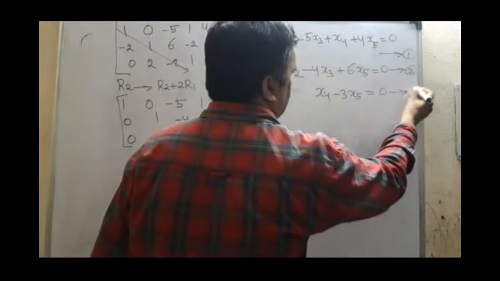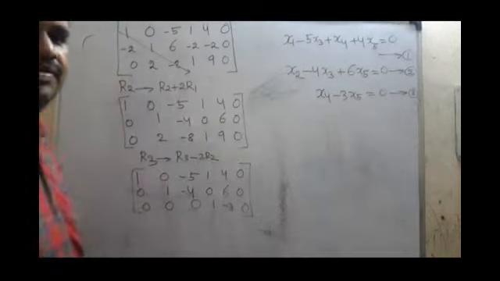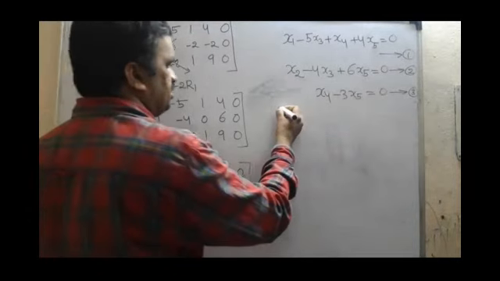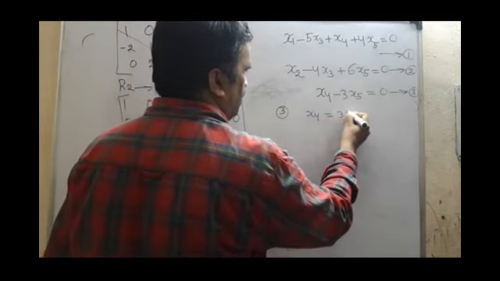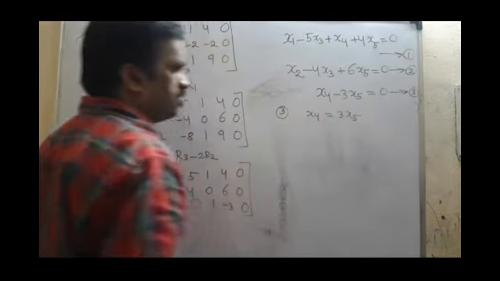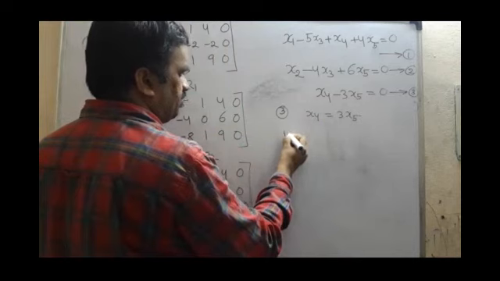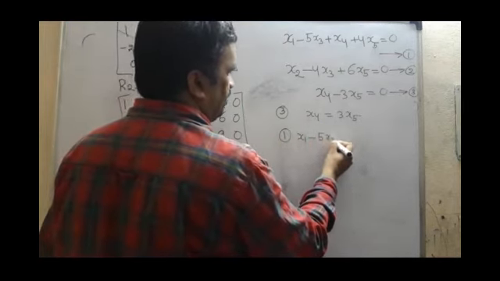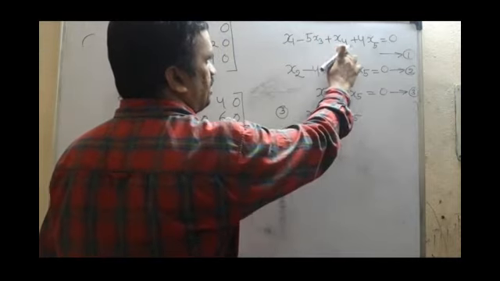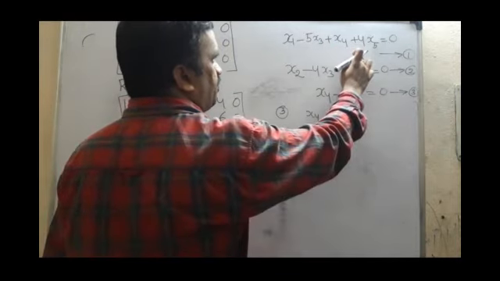Equation number 3. Now I will solve these 3 equations. First the third equation: x4 is equal to 3x5.